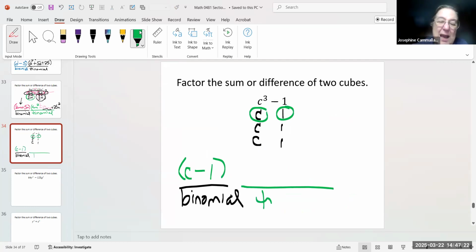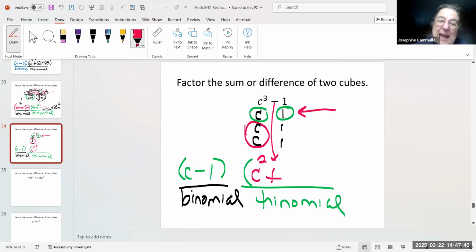Now my trinomial, okay, this is where I start using these two C's. This sign must change, and then I'm multiplying C times 1, or 1C, okay?